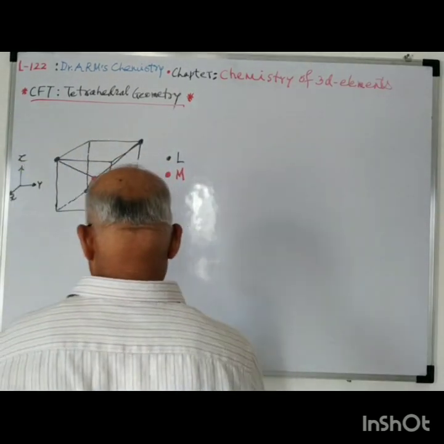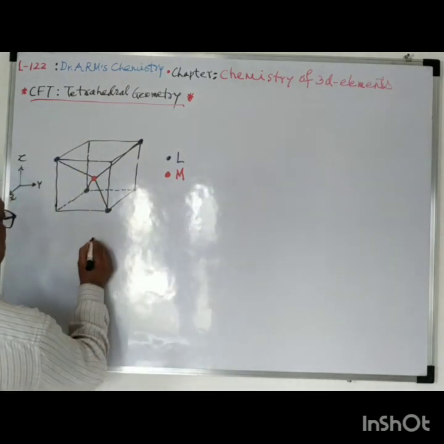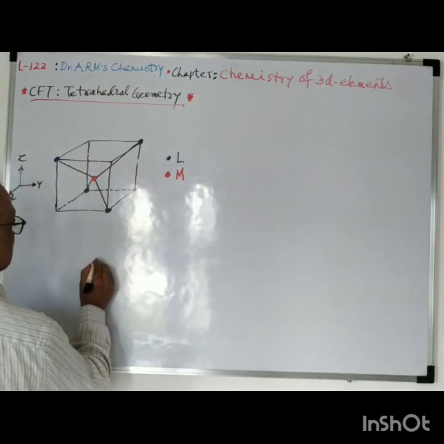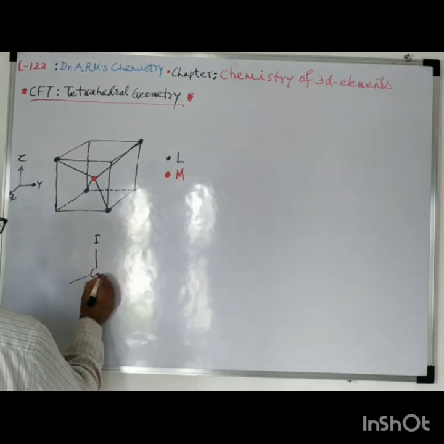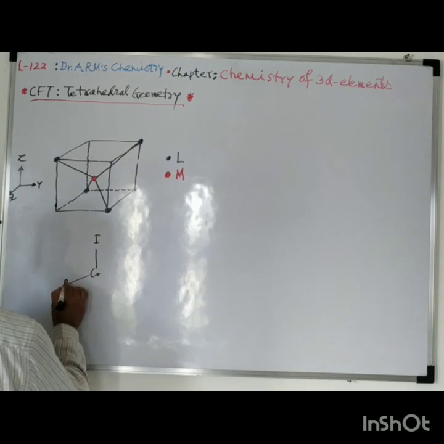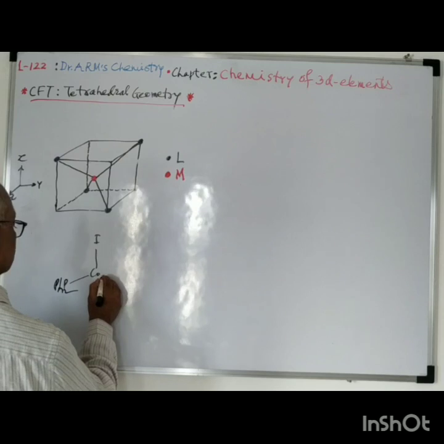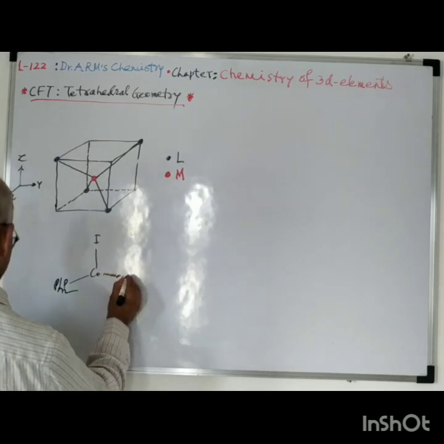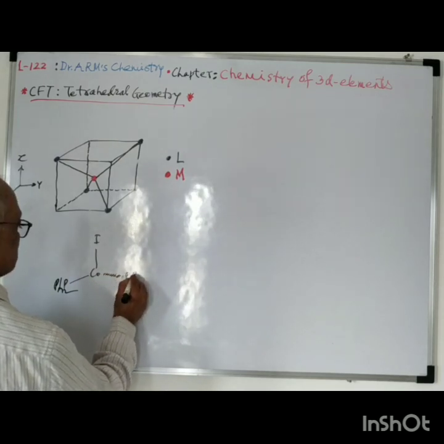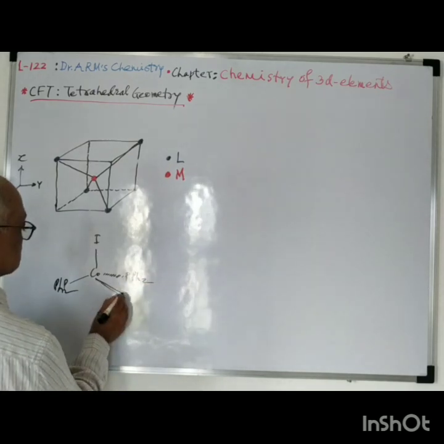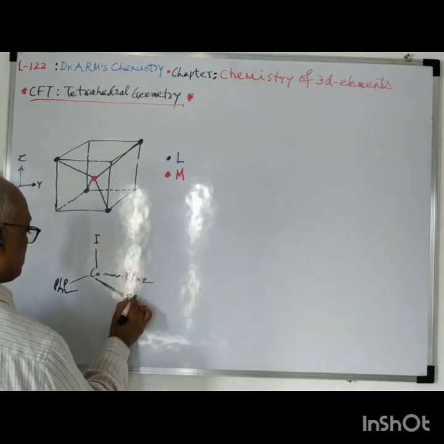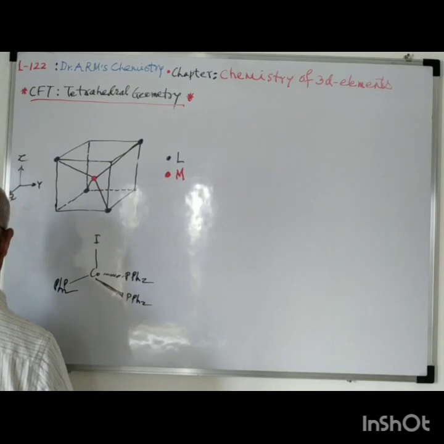We can see this in an example. For example, if we see the complex of cobalt in this way, this is PPh2, this is PPh2, this is PPh2.